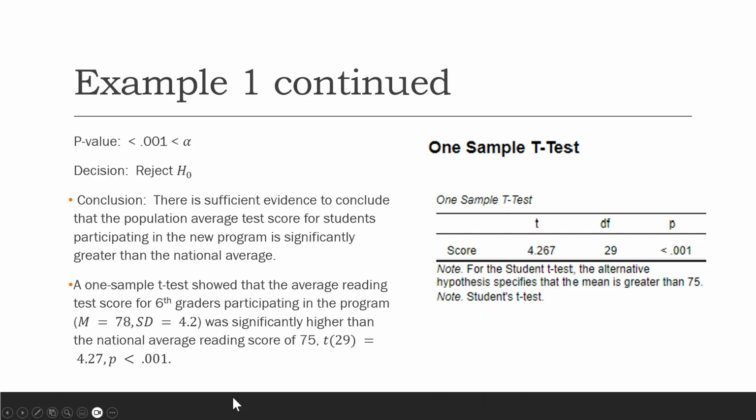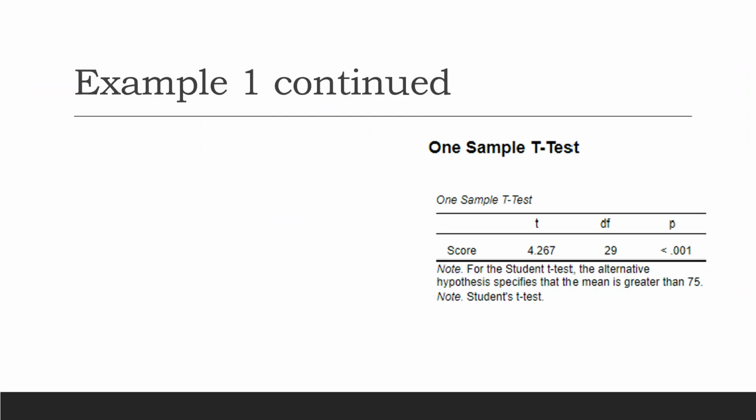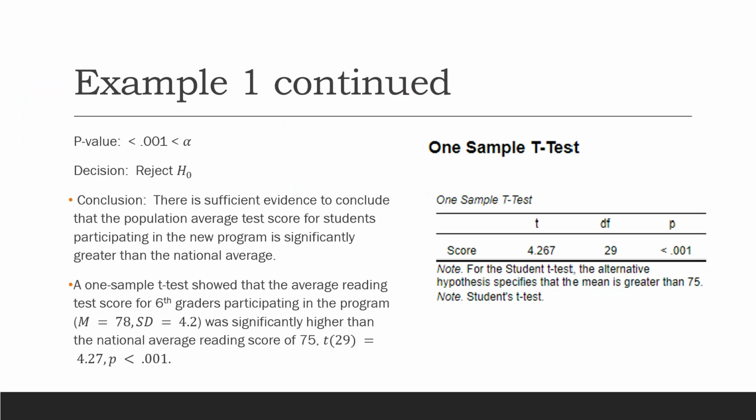And so I wanted to provide an example of some conclusions, or how you may want to write this up in APA style. I think this was fine here because we're talking about the test. All right. And so in APA format, it says a one sample t test showed that the average reading test score for sixth graders participating in the program, M equals 78, standard deviation equals 4.2, was significantly higher than the national average reading score of 75.